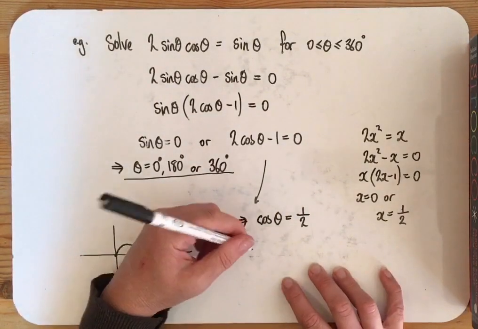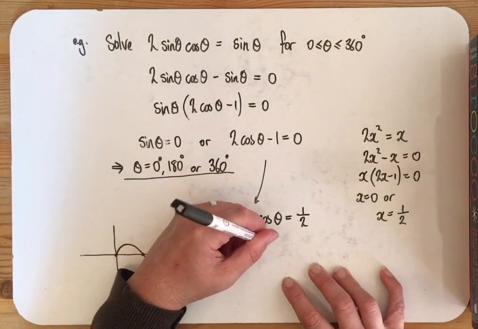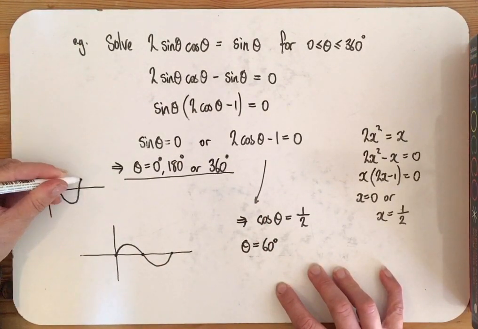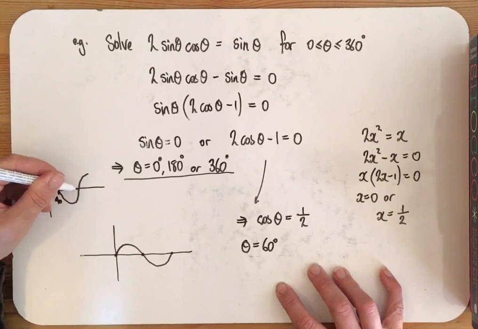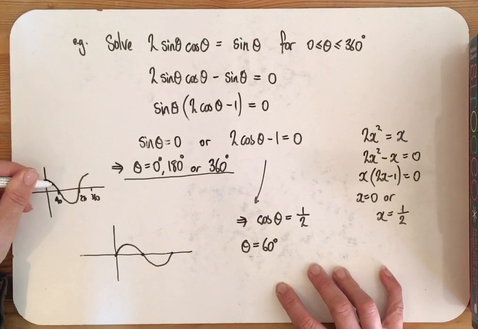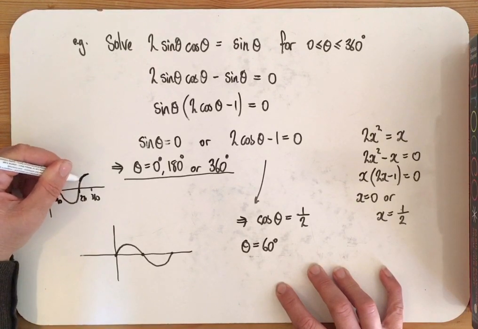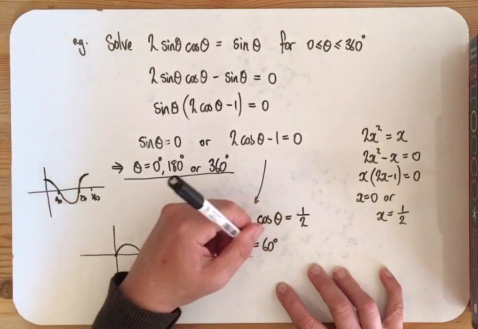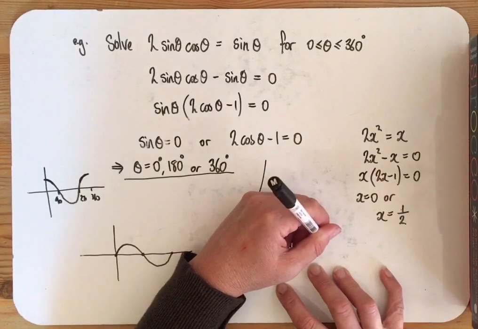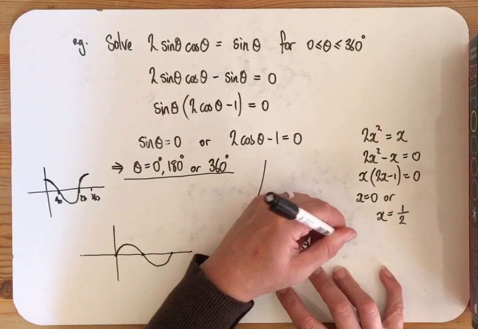So shift cos a half gives you theta equals 60 degrees. And then going into this cos curve, there's 90, there's 270, 360. So we're going forward 60, back 60 for cos. So theta equals 60 or theta equals 300 degrees.